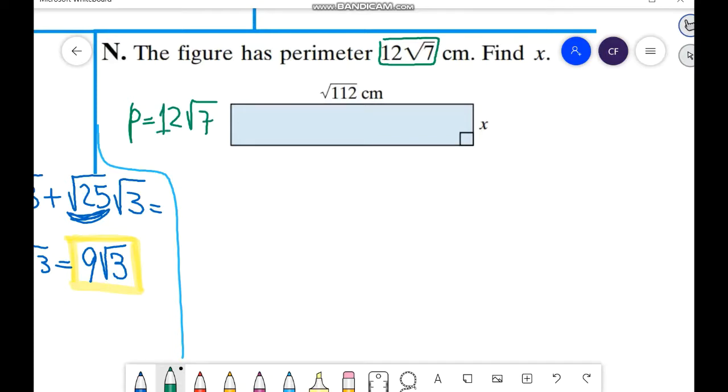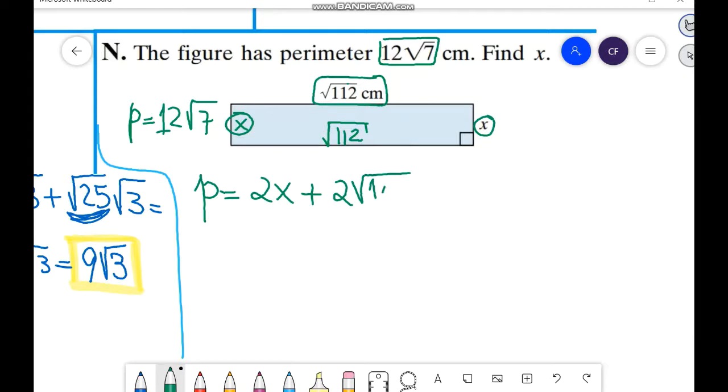And we have the rectangle. This side is x. That means this other side is also x. That side is the square root of 112. That means this other side is also the square root of 112. Right? You have to add together all the sides. So x plus x is 2x, plus the square root of 112 plus the square root of 112 is 2 times the square root of 112.